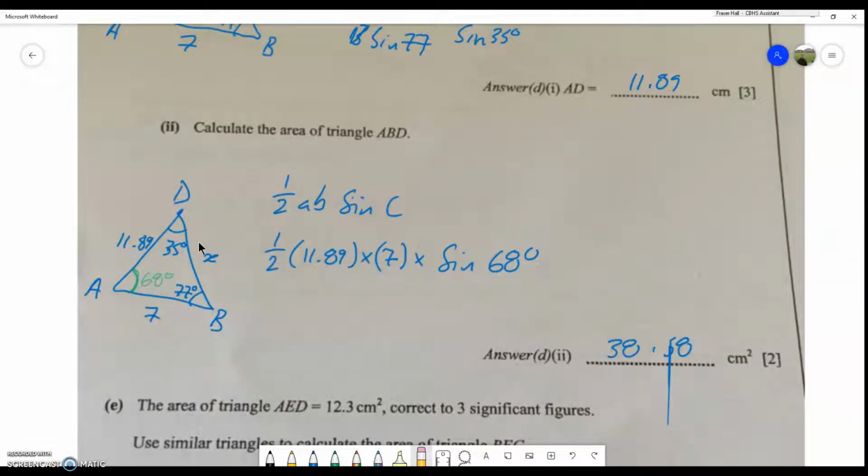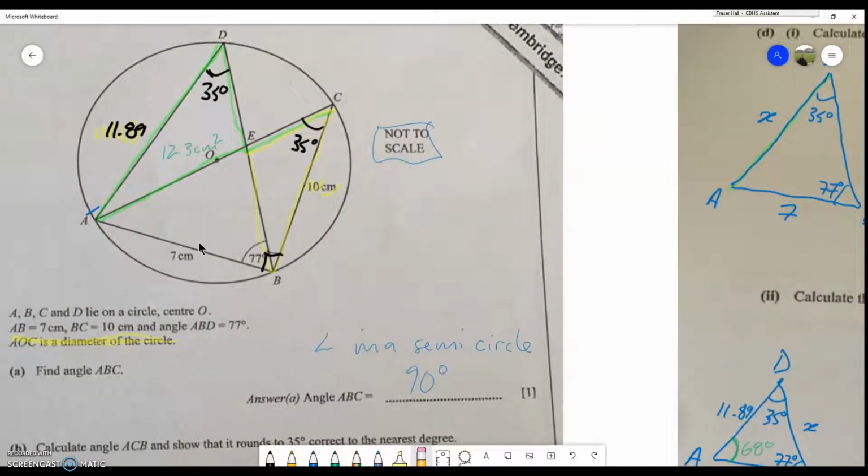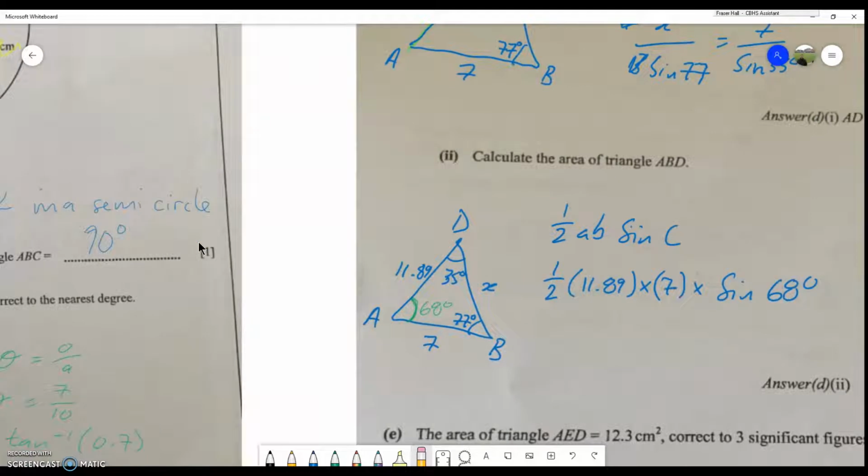So part 2 is asking us the area of ABD. So ABD, that's the bigger one there. Again, draw the diagram of what you've got, ABD, and fill in the bits that you do know.